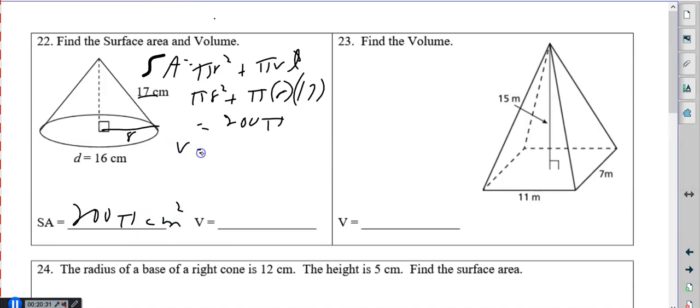And the volume is 1/3 pi r squared h. Okay? Which means we need this height right here. If you recognize that it is a Pythagorean triple, it's 8, 15, 17. Otherwise, you would do 8 squared plus b squared equals 17 squared, 17 being the hypotenuse, and you'd find that it is 15.